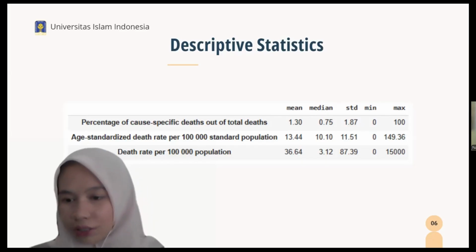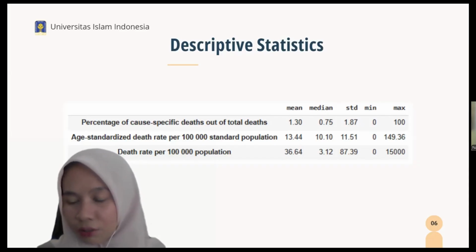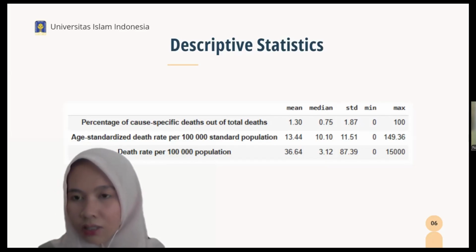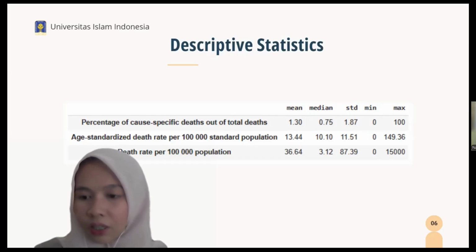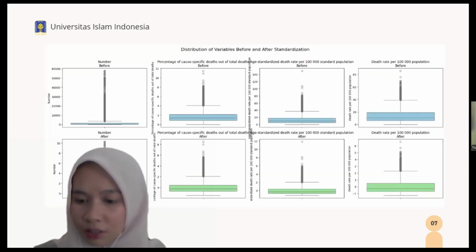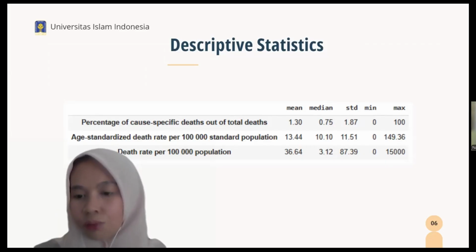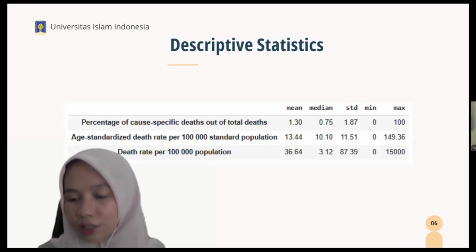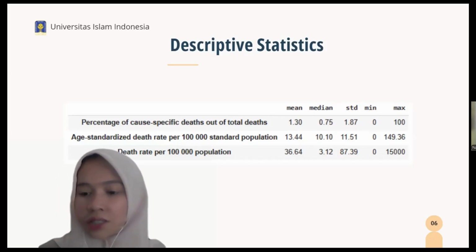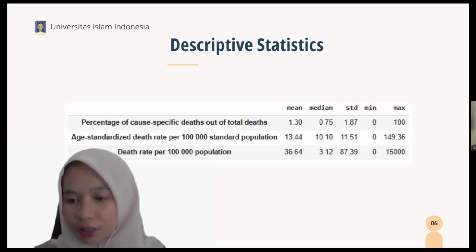The median of the crude rate is 3.12, but the maximum can be as high as 15,000 per 100,000. This very wide range suggests that the data is not normally distributed, with significant variation between countries. This reinforces why standardization is essential before further analysis.